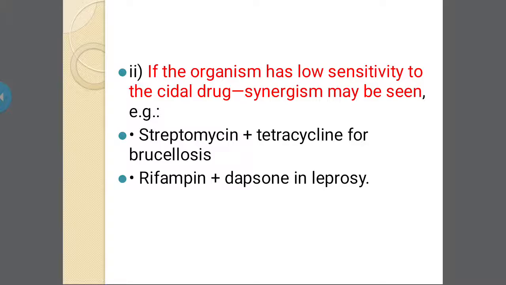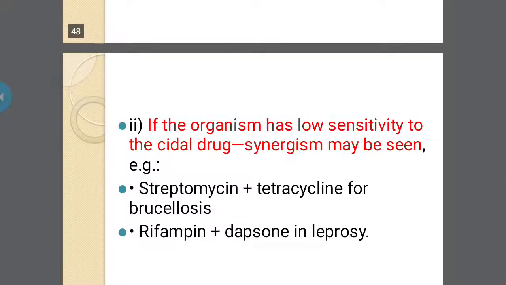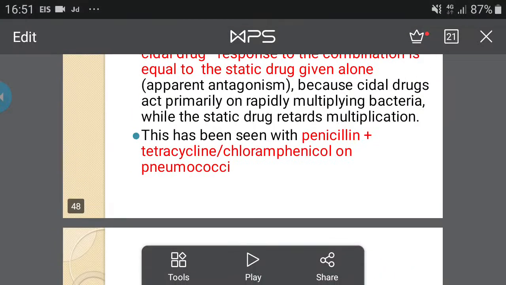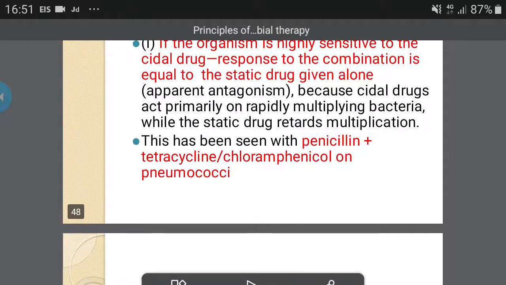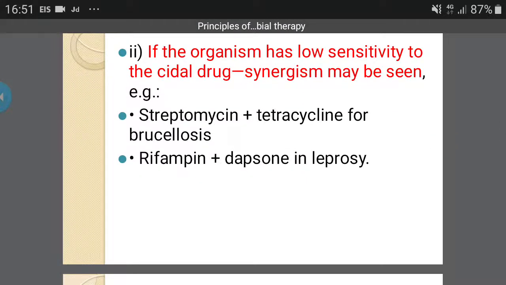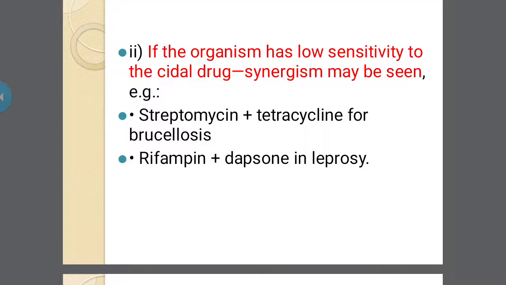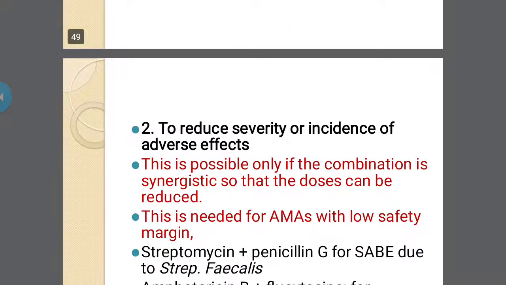So remember this: if bacteria is predominantly sensitive to the cidal drug, then cidal and static drug should not be combined. But if bacteria is less sensitive to cidal drug, then cidal drug and static drug can have synergistic effect.